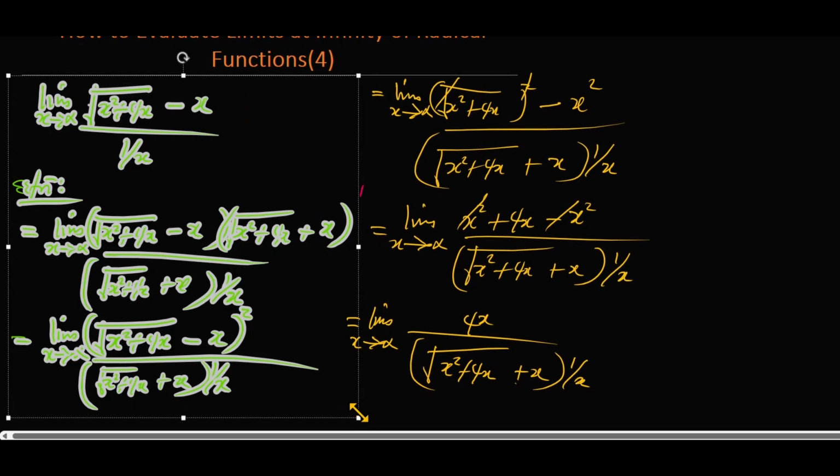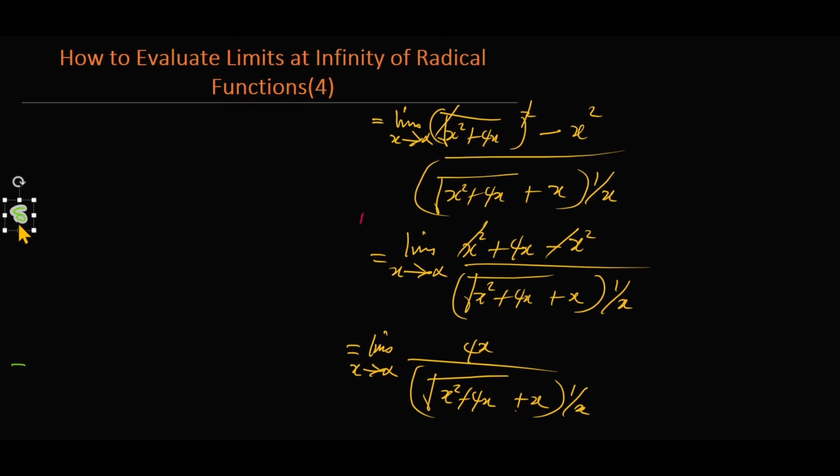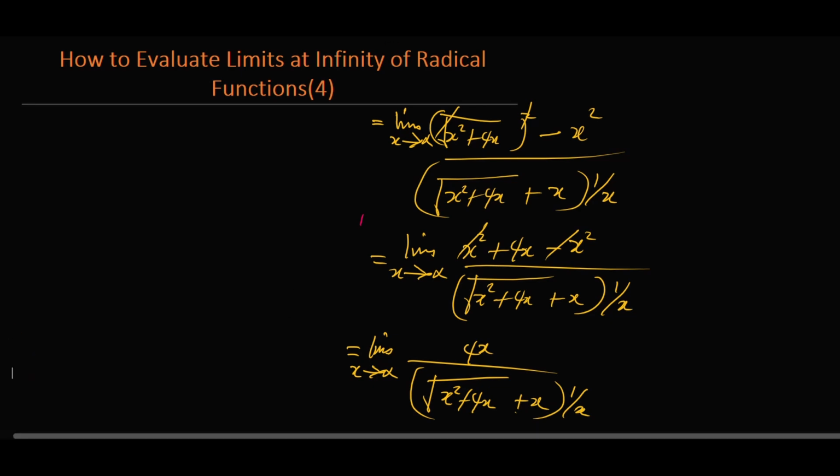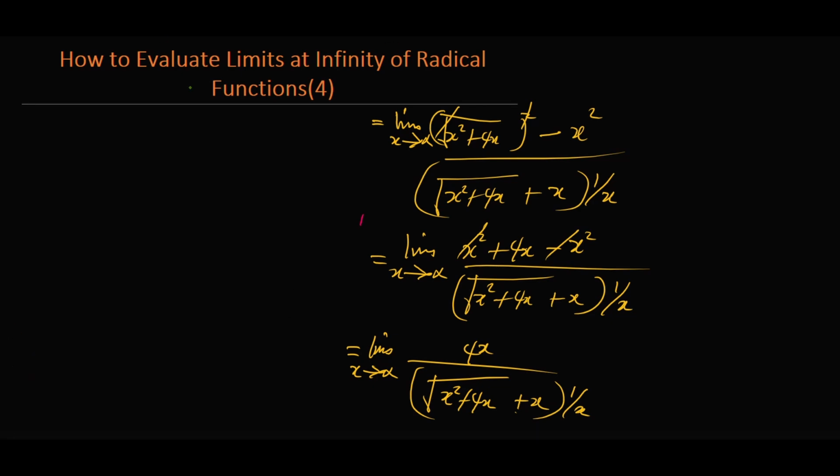Now if we rewrite that expression, what we are actually having there is the limit as x approaches infinity of 4x. Let's just rewrite this here. We have 4x divide root x squared plus 4x plus x all over x.